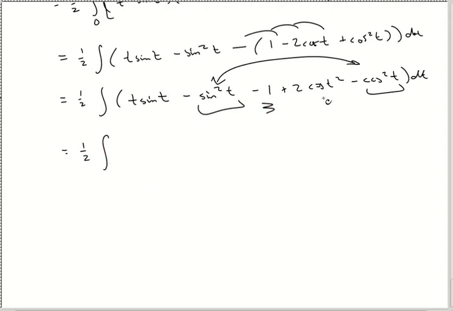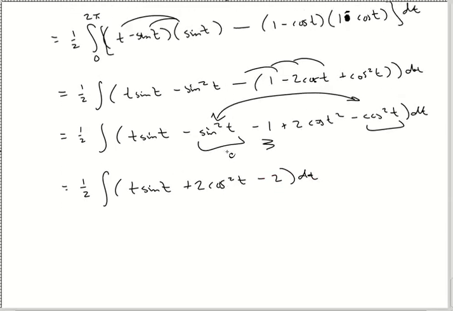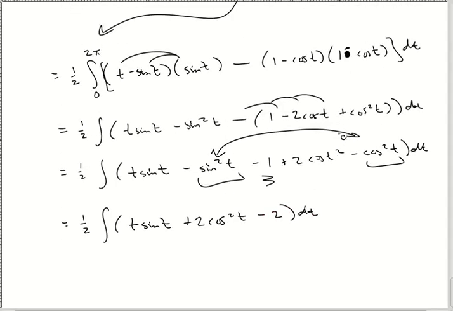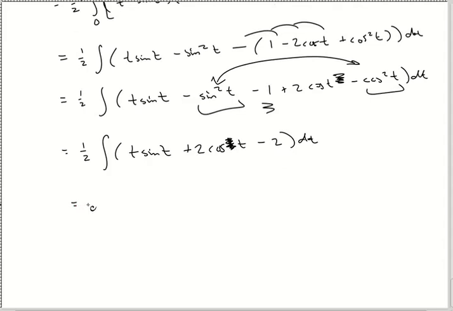So trying to put some stuff together then, I have t sine of t, and then I have a 2 cosine t, and I got a -2 dt. And so in order to get this, whoa, why did I get a square right there? Hold on. I don't know why there was a square there. Sorry. See, I've messed up twice on the same problem.